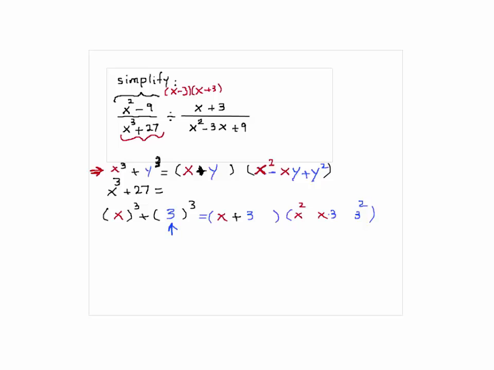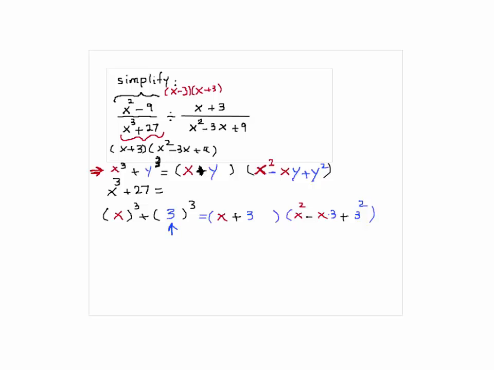That would be plus, that would be minus, that would be plus. So to factor this, we have x plus 3 times x squared minus 3x plus 9. That's how you factor it.